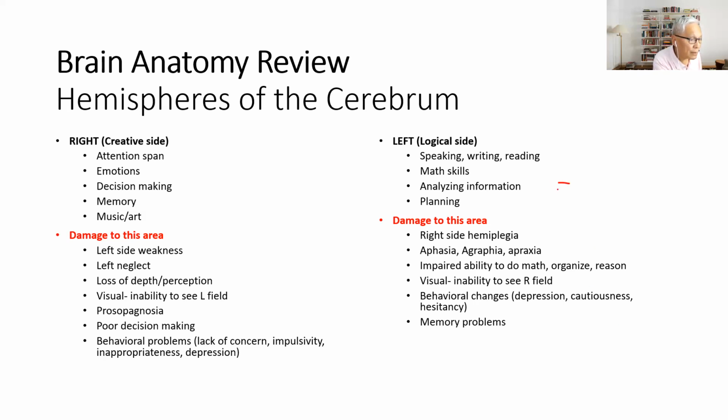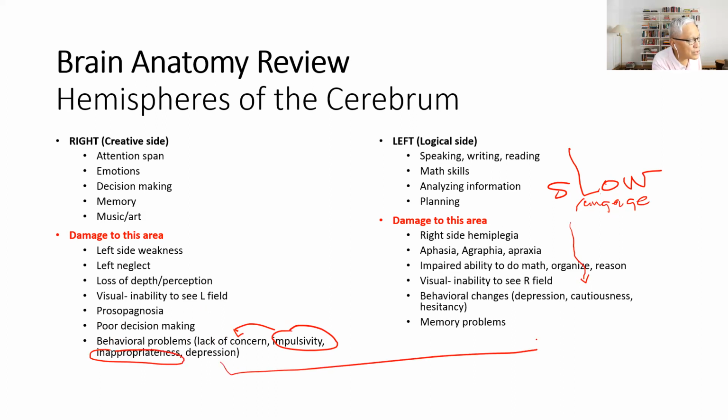So my clue to the left-sided stroke over here: language, slow, and cautious, and depression are all going to be part of it. Now, over here, in patients who have right-sided stroke, remember that they are going to have impulsivity. And so most likely, this is going to have lack of concern and inappropriateness. Both of them cause depression. All right. Did I answer your question?